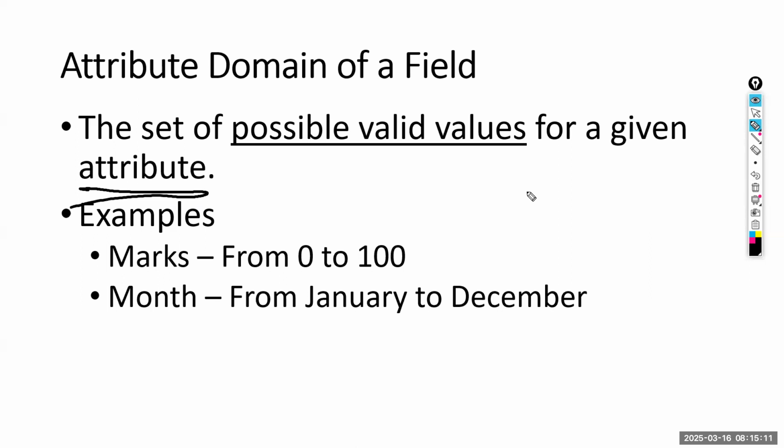Say marks, anything between 0 to 100, if you give marks out of 100. But if someone says salary, it can be almost anything. So that is called attribute domain of a field: possible values or possible value range for a field or attribute.